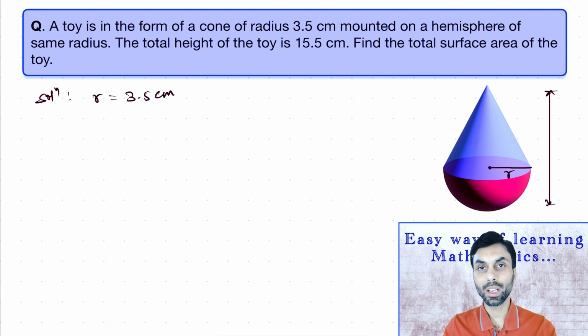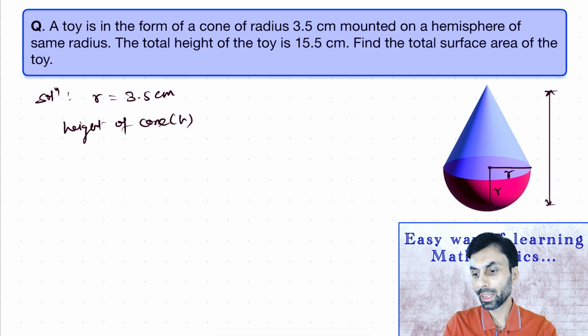We know the height of the hemisphere part is also r. So the height of the cone equals the total height, 15.5, minus the height of the hemisphere, 3.5, which is 12 centimeter.